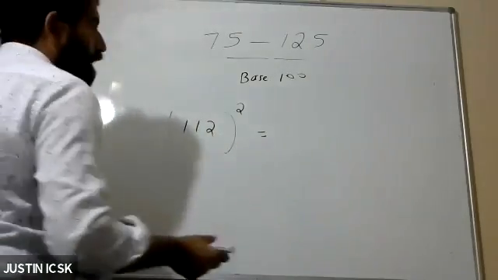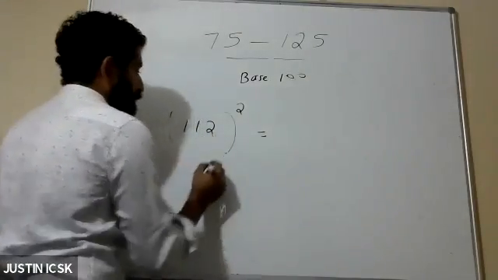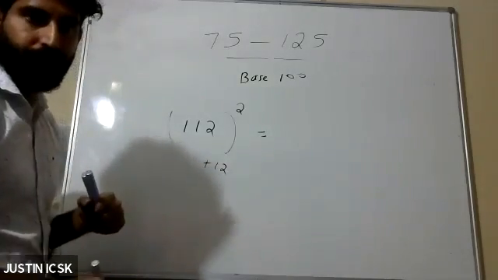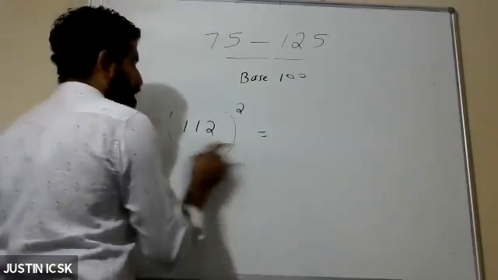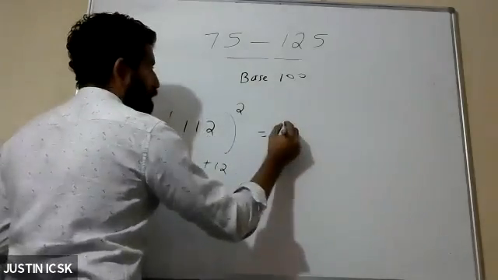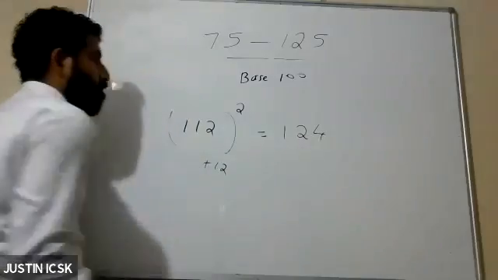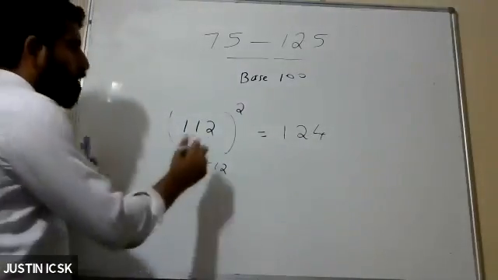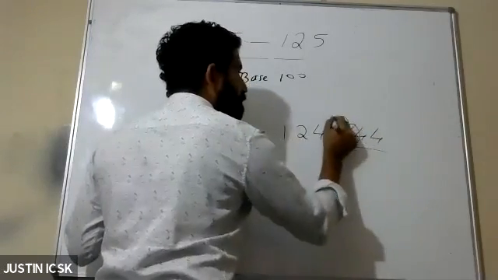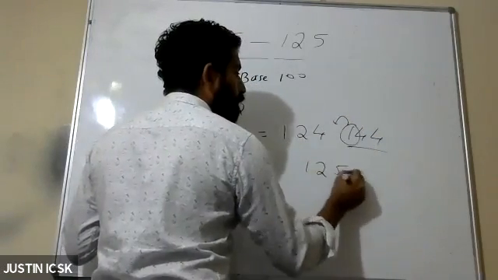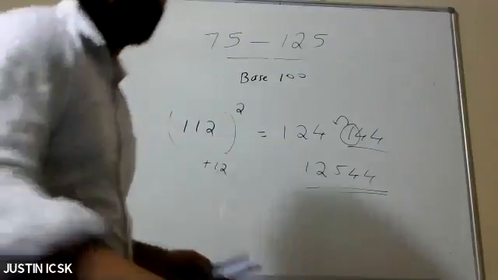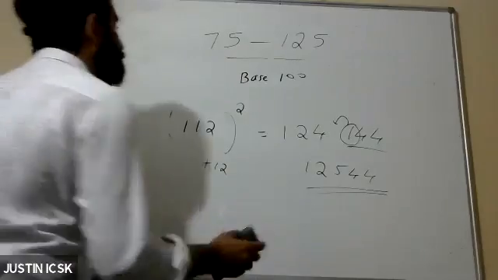I hope you are getting the answer. Plus 12. 112 plus 12 is 124. 12 square is 144. Carry 1. So 12544.